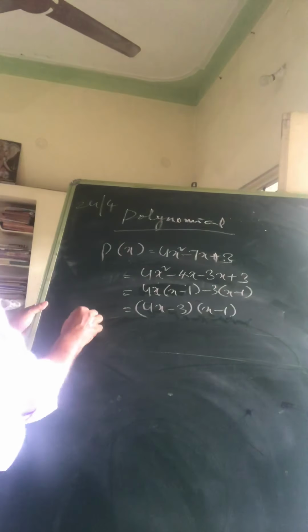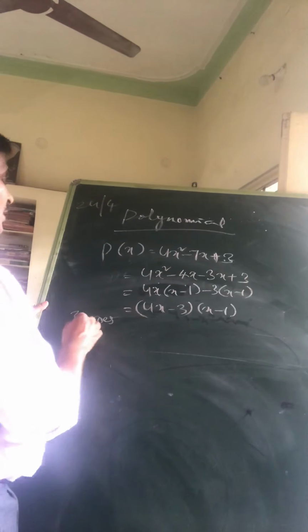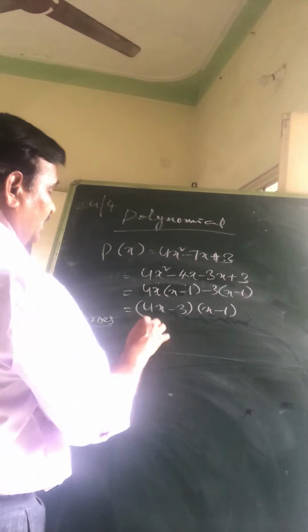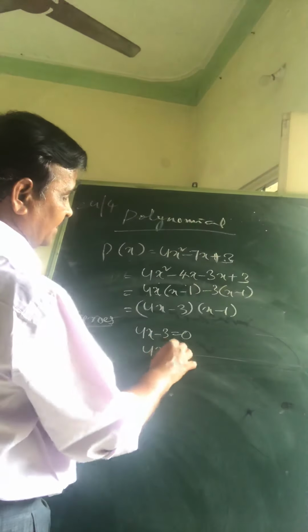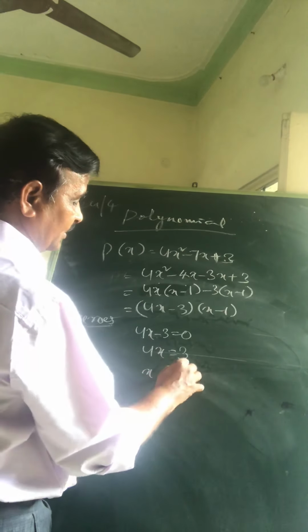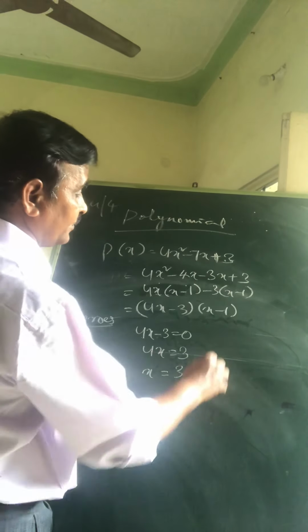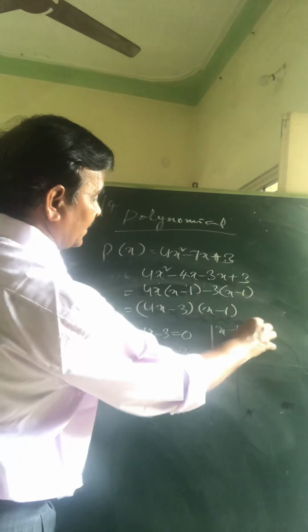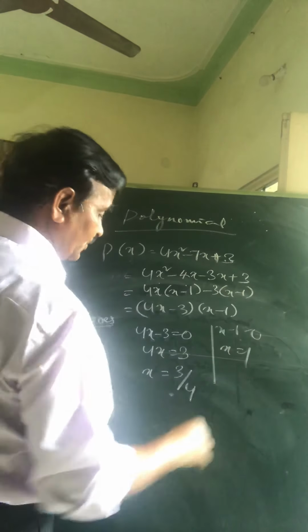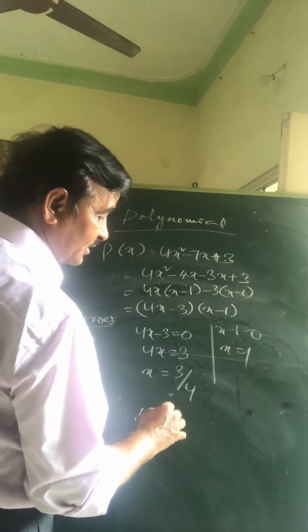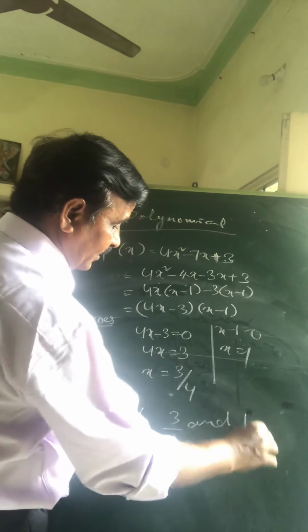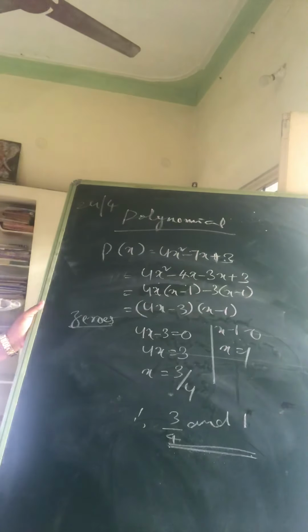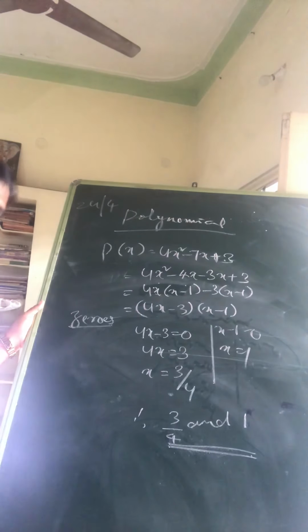Now we want to find the zeros of this polynomial. 4x minus 3 is equal to 0, 4x is equal to 3, x is equal to 3 by 4, and x minus 1 is equal to 0, x is equal to 1. That means the zeros of this polynomial are 3 by 4 and 1. This is a method to find the zeros of this polynomial.